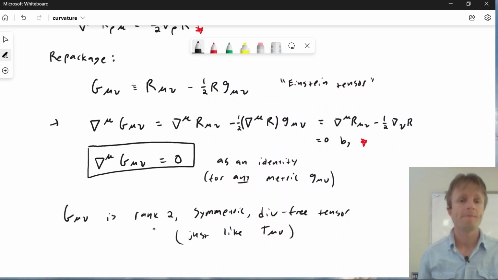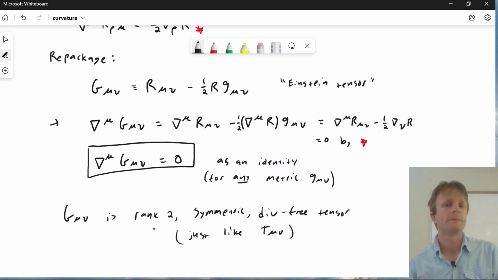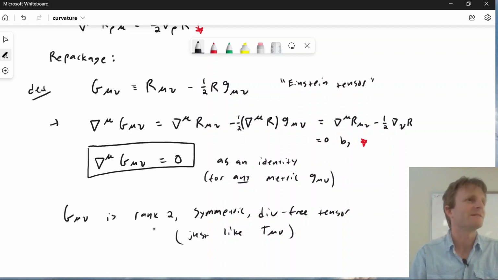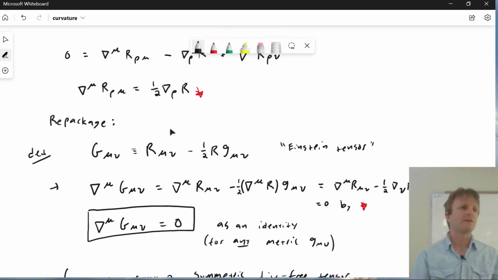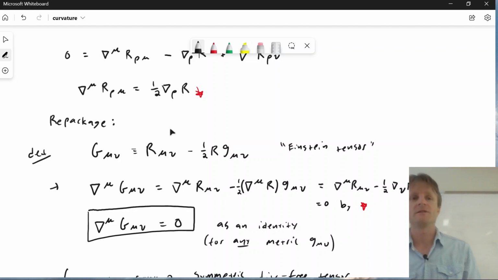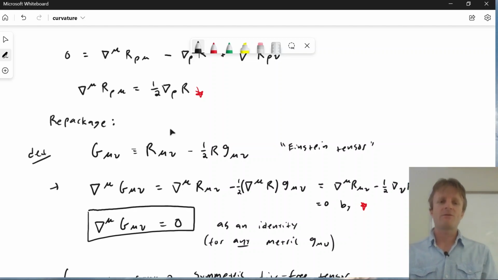Yes, Kush? So that repackaged thing, right? This means definition, yeah. We wanted to find a symmetric rank 2 divergence-free tensor. And that was second derivatives in the metric. So we found our Riemann tensor. That was our invariant thing that has second derivatives in the metric. And we said, okay, we got too many indices.